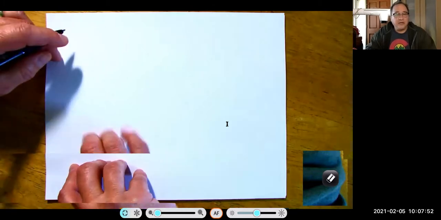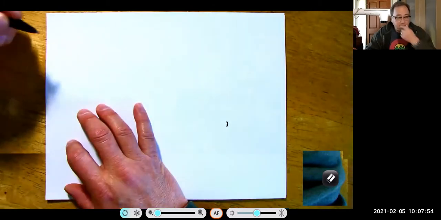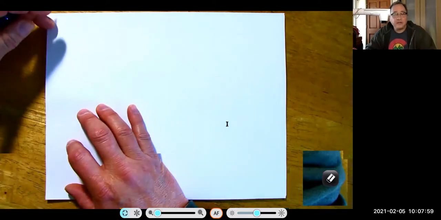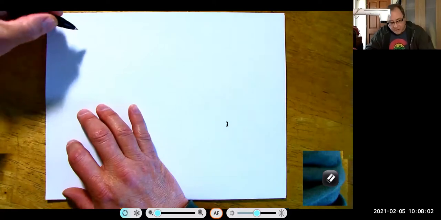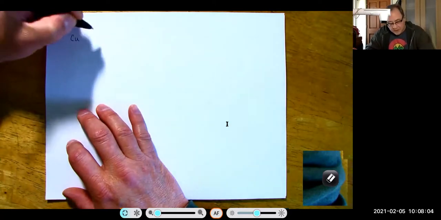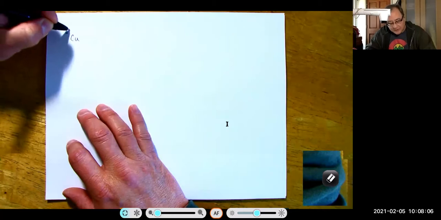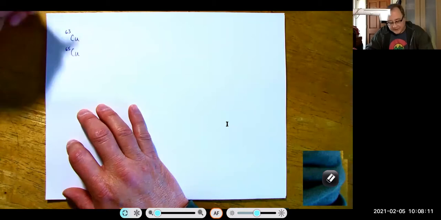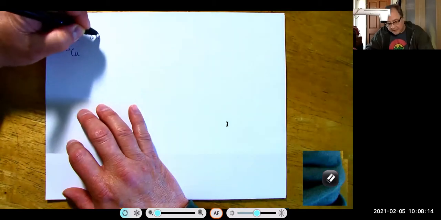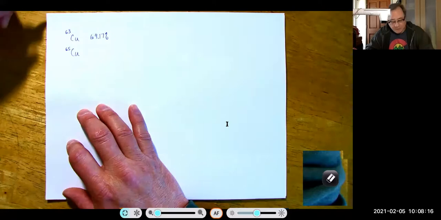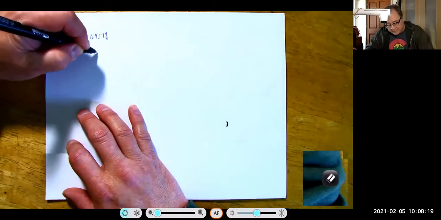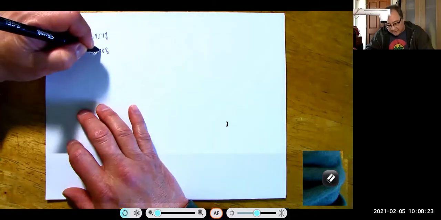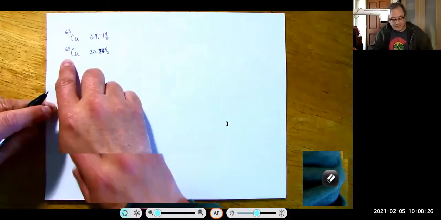So here they want to know, what does the mass spectrum of copper 1 chloride look like? For copper, there's copper 63 and there's copper 65. Copper 63 is 69.17%. And copper 65 is 30.83%.